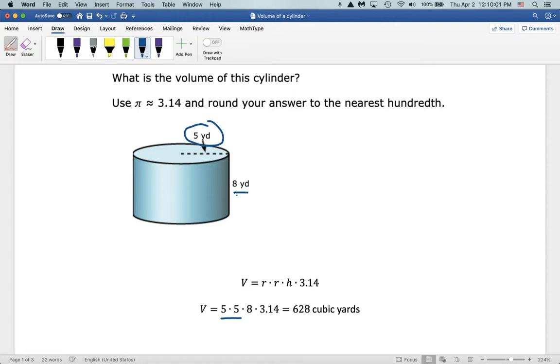Then I multiply by the height, so I times by 8. And then I multiply by 3.14. Then I multiply those out with the calculator. 5 times 5 times 8 times 3.14 gives me 628 cubic yards. Very, very simple process. You should be able to fly through these problems very quickly. Radius times itself times height times 3.14.